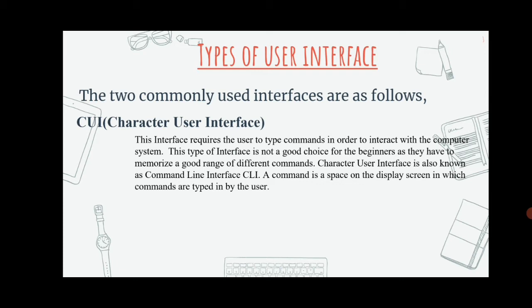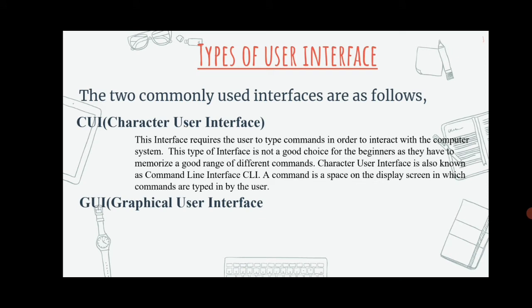This type of interface is not a good choice for beginners as they have to memorize a good range of different commands. Character user interface is also known as command line interface, that is CLI. A command line is a space on the display screen in which commands are typed in by the users.